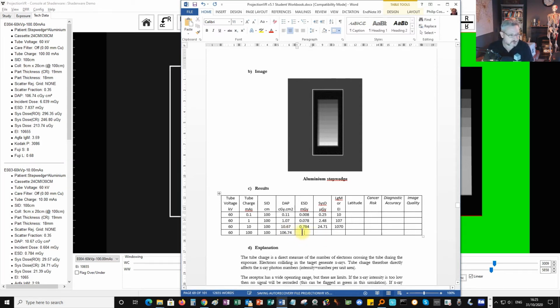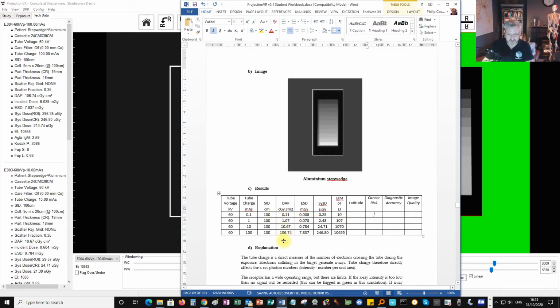The entrance surface dose is 7.8. Again, 10 times. The system dose is 246. And the exposure index again is 10 times.